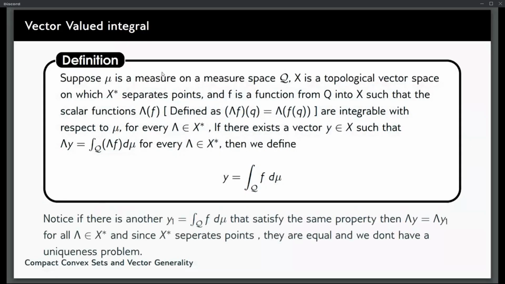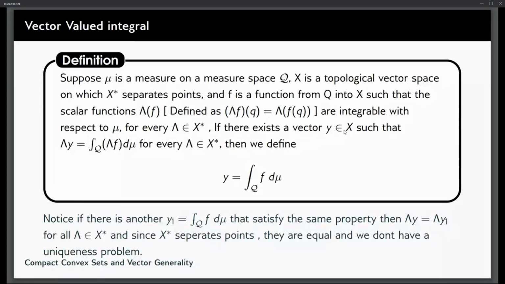So first of all, suppose mu is a measure on a measure space Q. X is a topological vector space on which X star separates points, and f is a function from the measure space into X, such that the scalar functions lambda of f that take q to lambda of f of q are, remember, f of q is going to be a vector value now, so this makes sense, integrable with respect to mu for every lambda in X star.